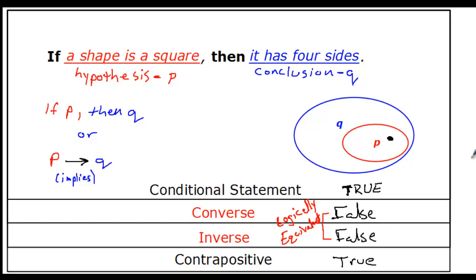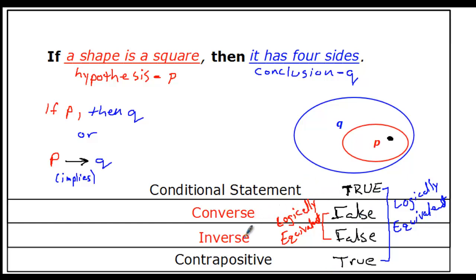And the conditional statement and the contrapositive are logically equivalent. What that means is if the conditional statement is true, then the contrapositive is always true. That is such an important thing for you to memorize. Hopefully you'll take me seriously when I tell you that.